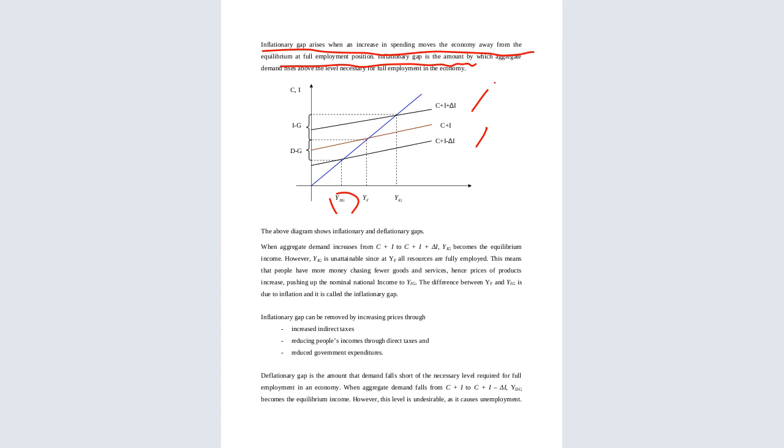But at this level here, it's unattainable since at full employment, all the resources are fully employed. Now, this implies that people have more money chasing few goods and services, and therefore we have a situation of excess demand in the economy.